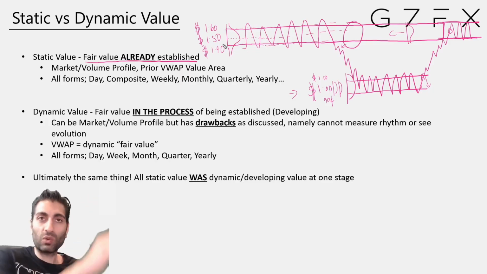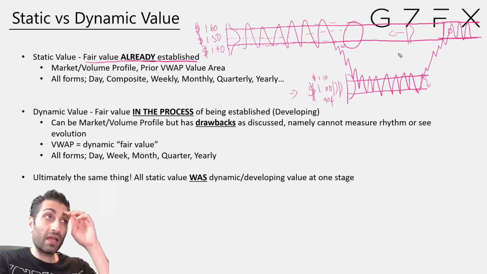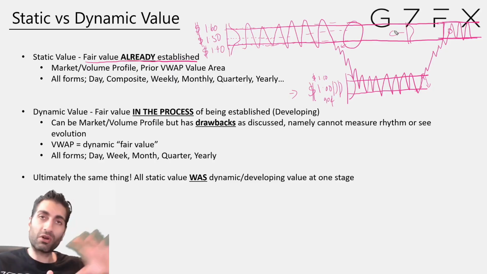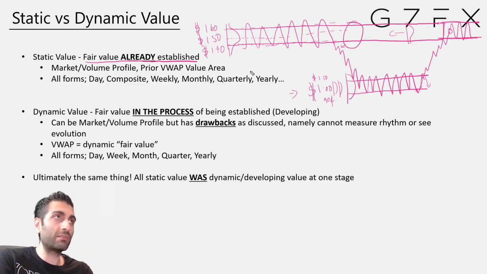The price of milk was between 140, 160, 150 in the past sometime, maybe months ago. Then we broke out, and you see we came back to it. It's already established, right? It's no different to what I showed you on the merging of market profile or volume profile in the past. It's closed, it's done, it's already been established.